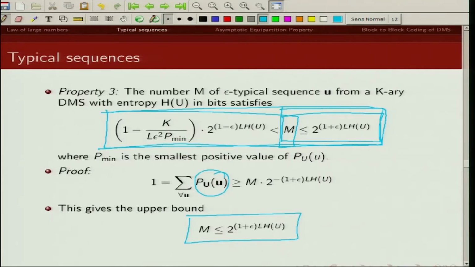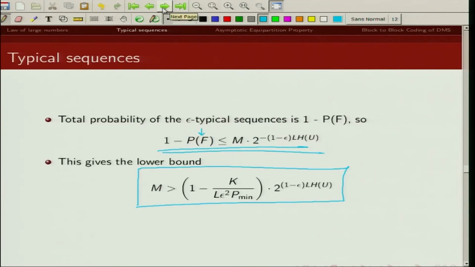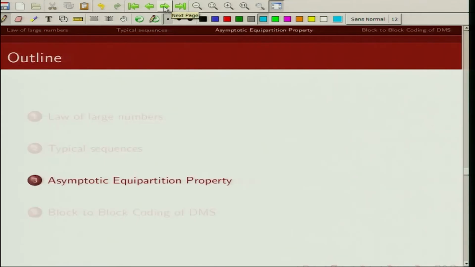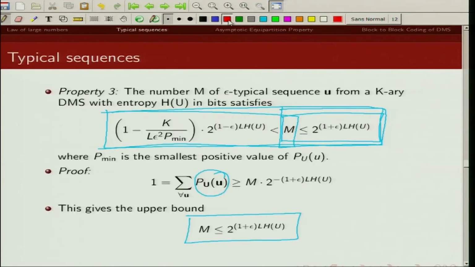Now, let us look at these results when L goes very large, that is, the asymptotic results. So, we have shown three properties of typical sequences and we have proved them. Now let us look at what happens when L is very large and epsilon is small. Look at property number 3. What does property number 3 say? The number of typical sequences is basically given by this.